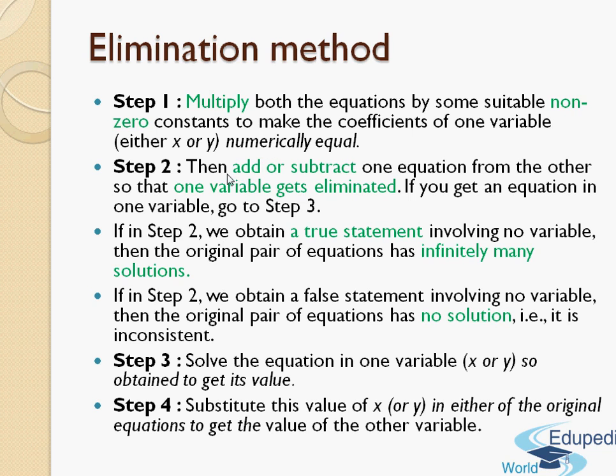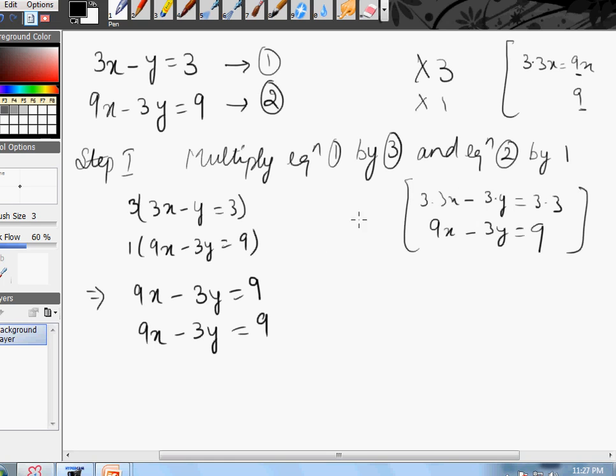The second step says that then add or subtract one equation from the other so that one variable gets eliminated. If we add both the equations, we will get 18x minus 6y equal to 18, whereas if we subtract, then all the variables are clearly getting cancelled along with the constant term, that is 9x minus 9x, minus 3y plus 3y, and 9 minus 9.